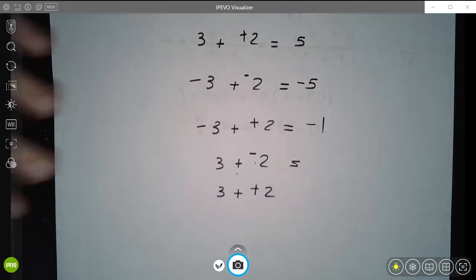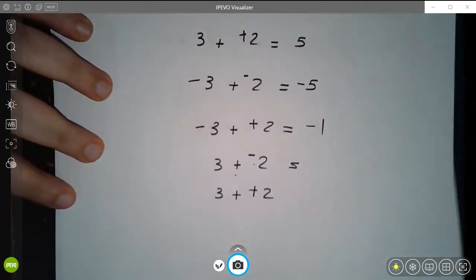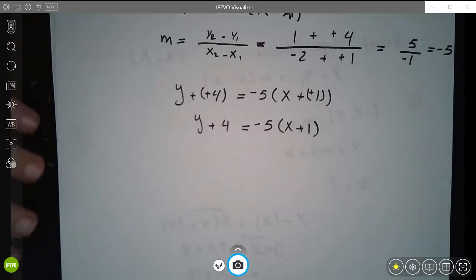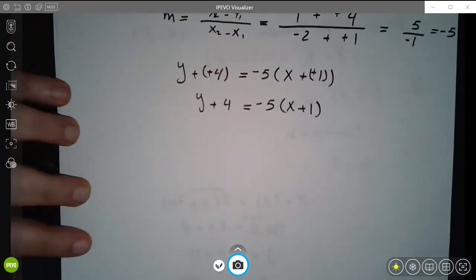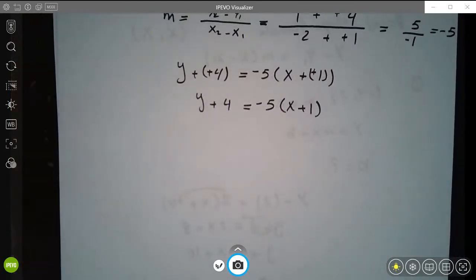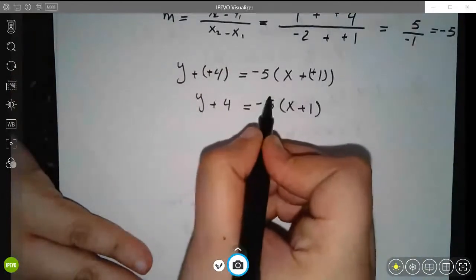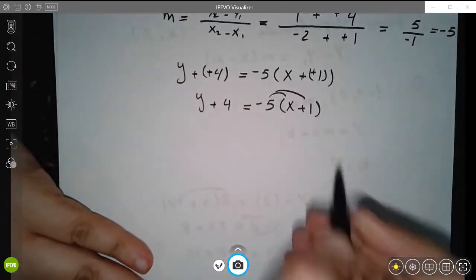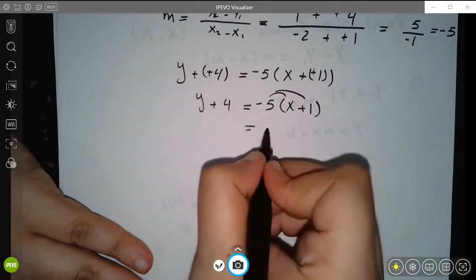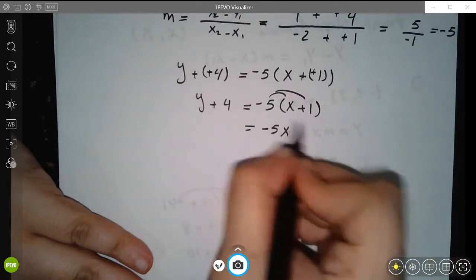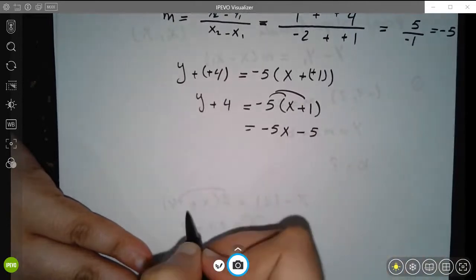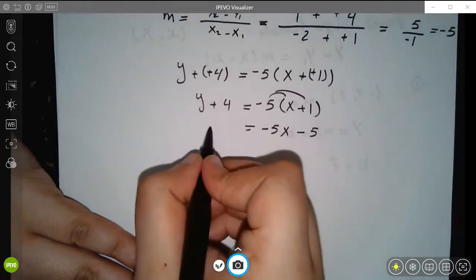Okay. Now, let's go back to this. All right. Now, we are going to multiply the negative 5 in here to both terms. Yes. So we get negative 5x minus 5. Now we have a 4.